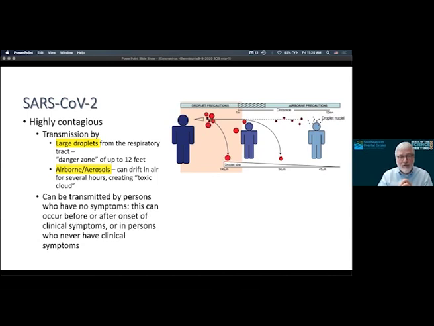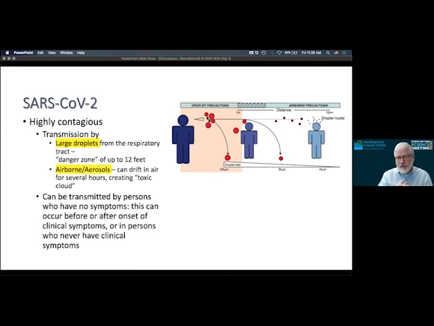And in fact, probably up to 12 feet, there continues to be a risk from larger droplets, larger particles. And the rough rule of thumb is that for every 3 feet you move farther away from a person, you drop your risk in half. The risk does not magically go away at 6 feet. And so I think that needs to be kept in mind as we talk about worker safety.